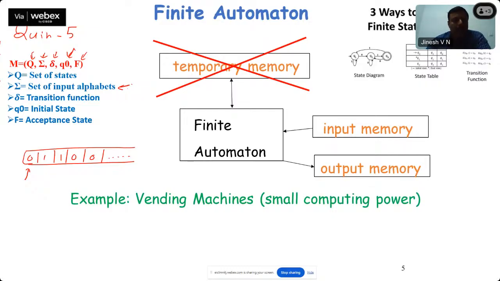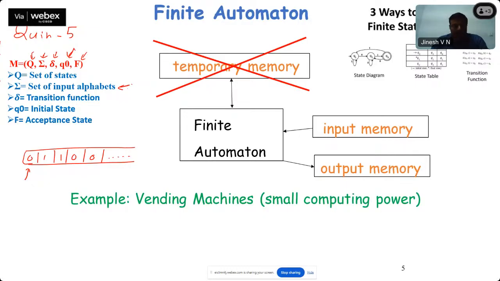That flexibility will be with the designer. So this finite automata, or any automata concepts or automata system, we can use for any specific system design. Normally any project can be started with a finite automata design.